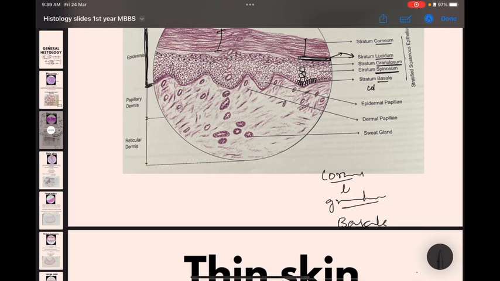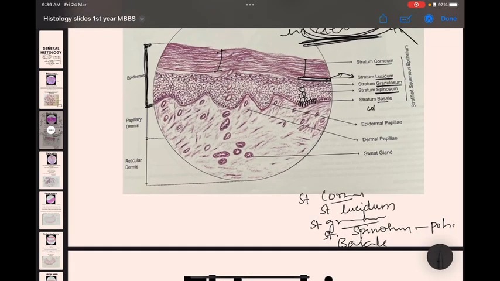This layer is called lucidum: stratum corneum, stratum lucidum, stratum granulosum, and then stratum spinosum. This is polyhedral. Done. So we are completed with the epidermis.